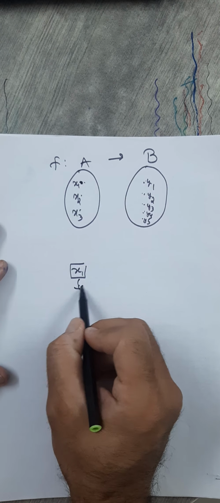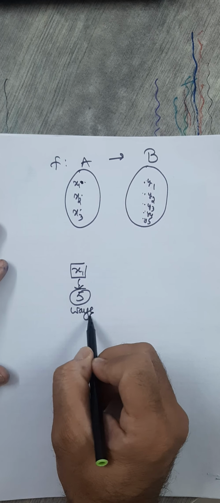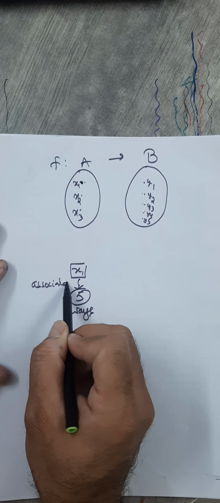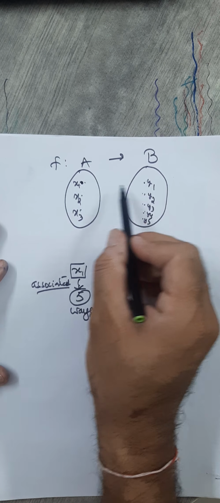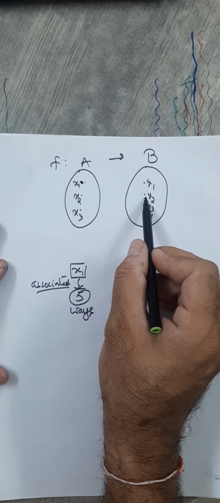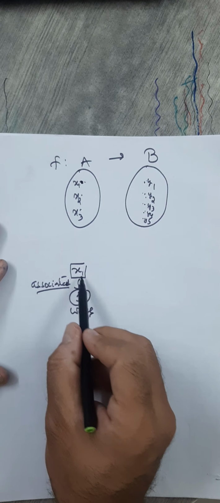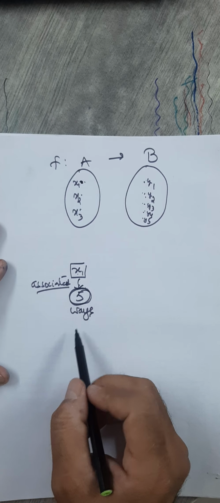That means x1 can be associated in how many ways? 5 ways. You can take x1 with any one of them. That means x1 can be associated in 5 ways.